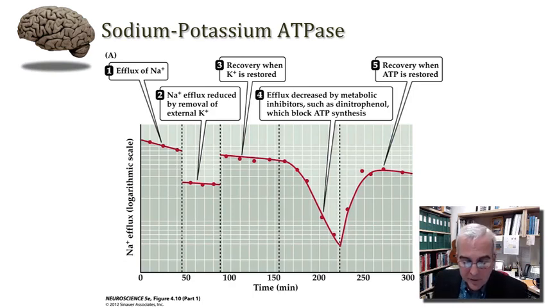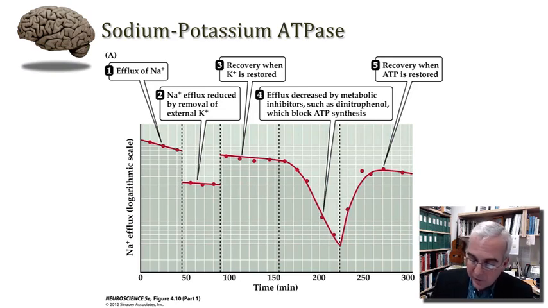So these kinds of experiments were done, and what's shown here in figure 4.10 is an experiment where a tagged sodium molecule was allowed to flux across the plasma membrane due to the activity of this pump. So sodium was loaded up within a cell, and the efflux of sodium, which represents the activity of the pump, is measured over time.